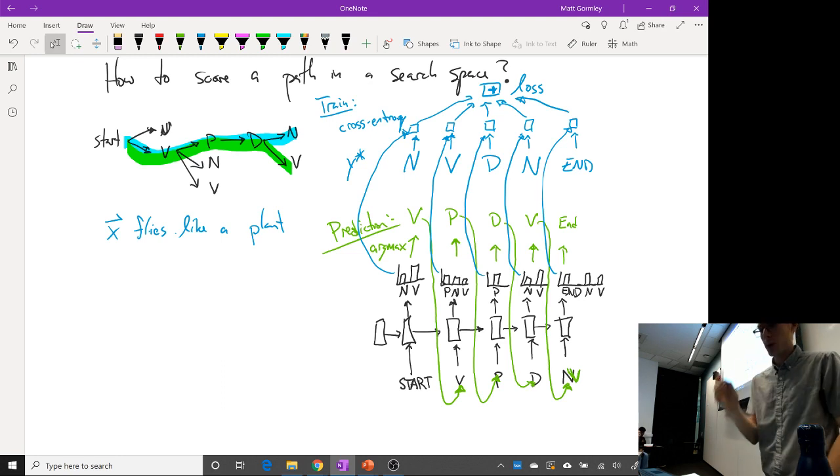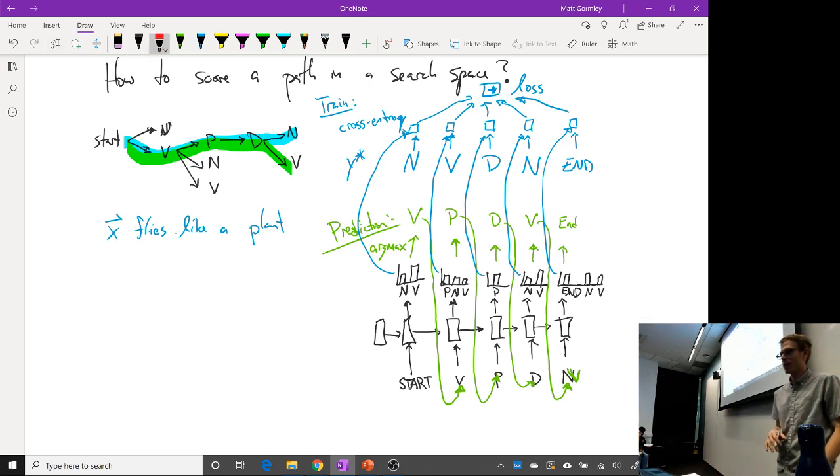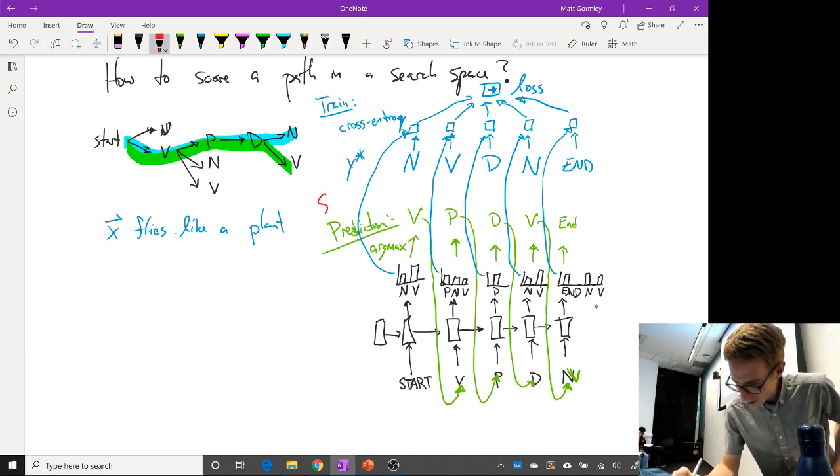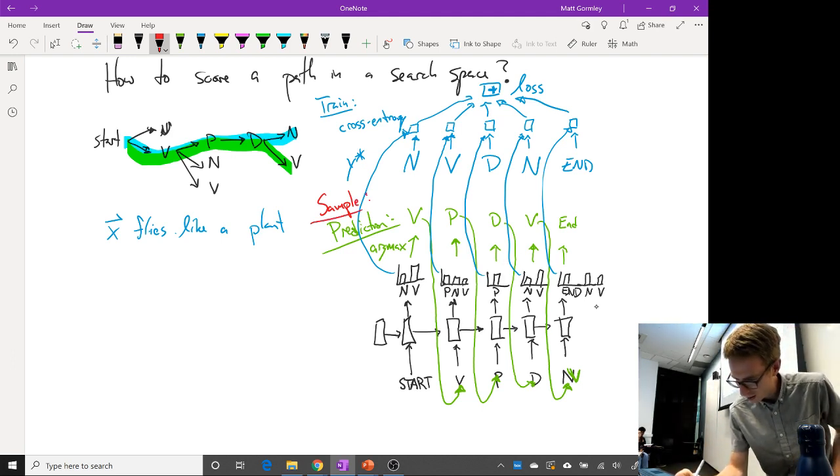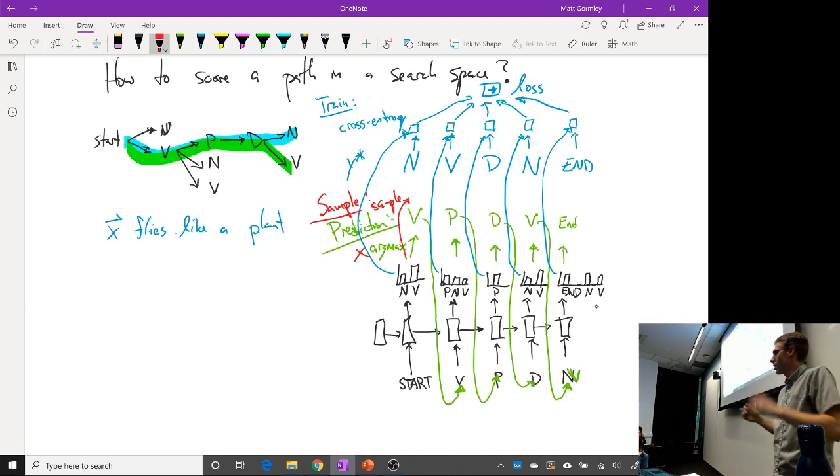At this point, we could also raise the question of how do we actually sample from a language model? If we wanted to do that, we could just have another procedure in here, which is sampling. Sampling, instead of doing argmax, does sample. It takes this distribution and gives us one of the possible outcomes.